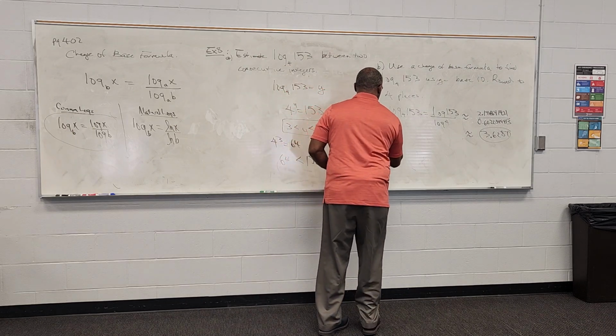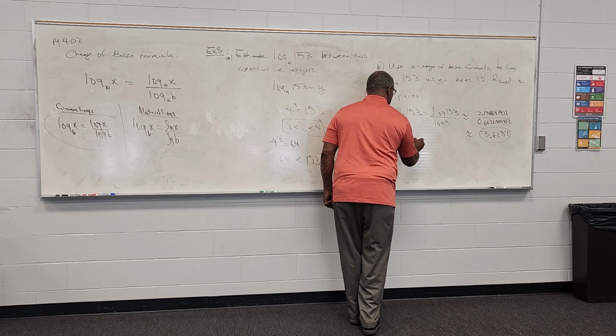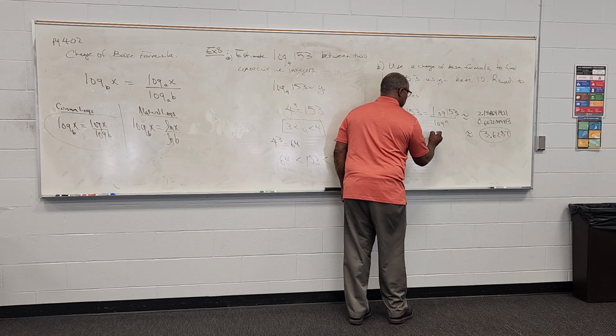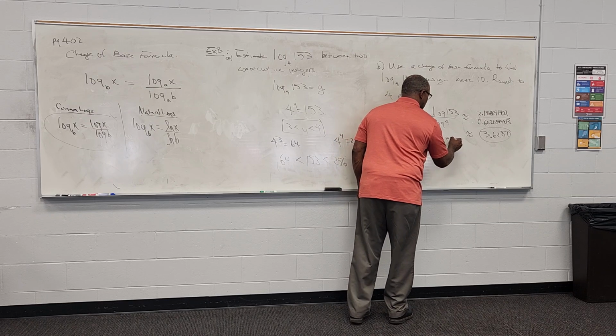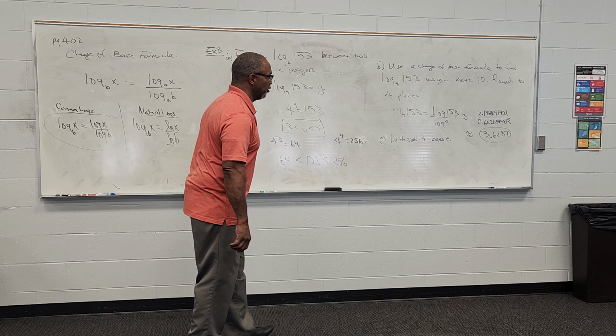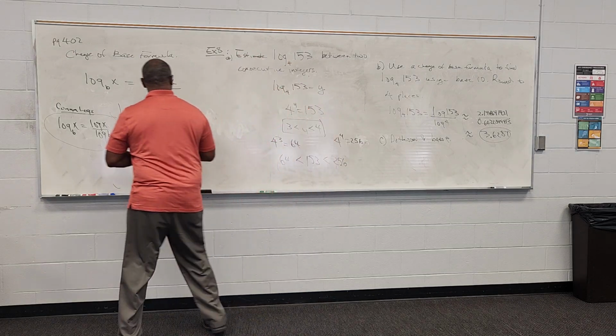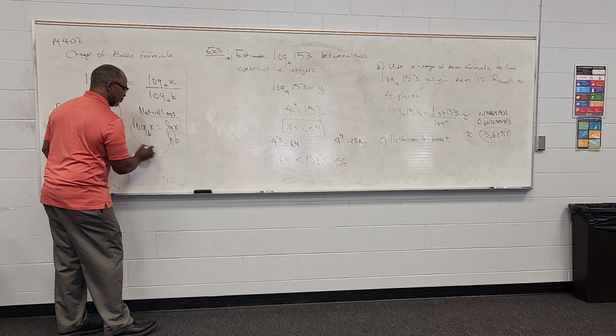And C says, do the same thing for base e. So do a change of base formula to find log to the base 4 of 153 using base e, round to 4 places. So I'm going to use this thing right here.